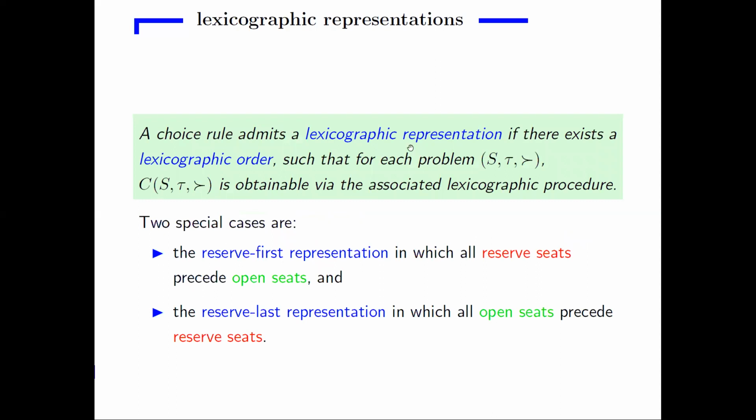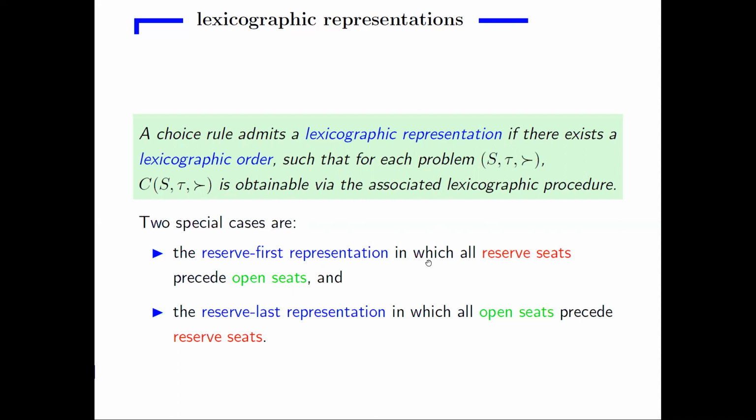So in general, we say that a choice rule admits a lexicographic representation if there is a lexicographic order such that for each problem, we obtain the choice by running this lexicographic procedure according to that order. There are 2 special cases which arise a lot in the applications.